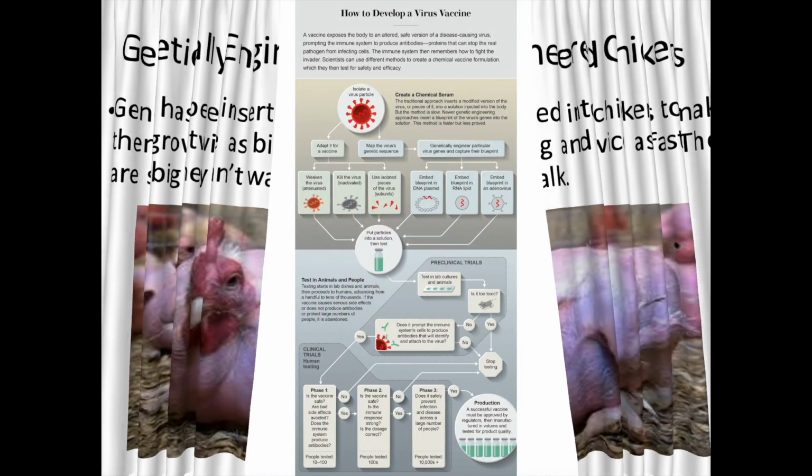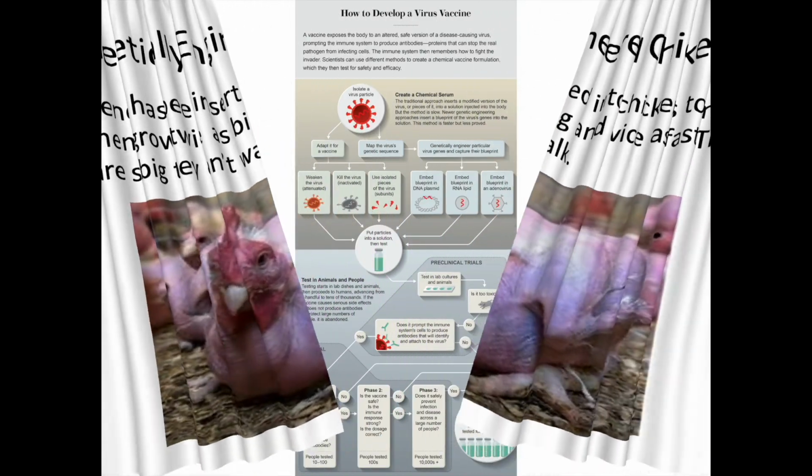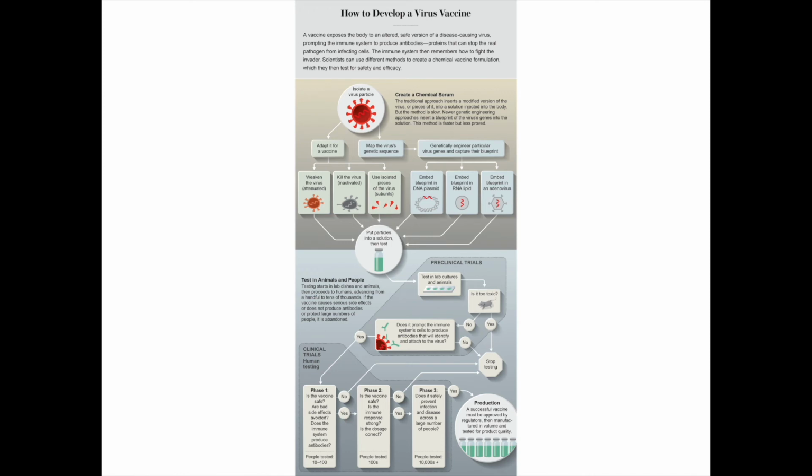And last but not the least is an interesting subject, which is all about how to develop a virus vaccine. Right at this moment, the world is experiencing a pandemic, and in order for us to have herd immunity, we should have this vaccine.